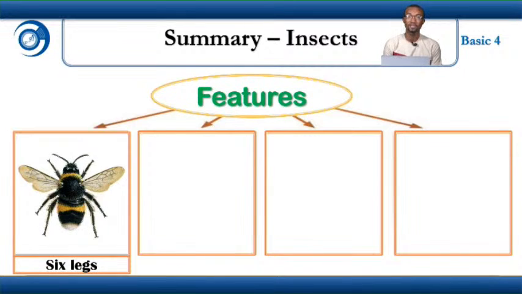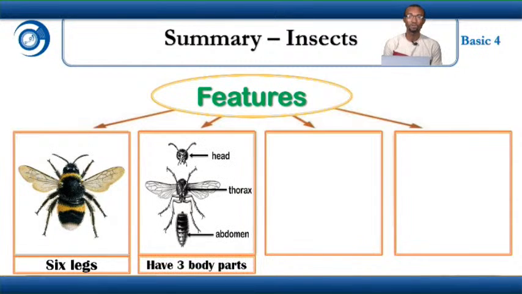We counted some of the legs of the insects in the lesson, and we saw that insects have 6 legs. We also said insects have 3 body parts: the head, the thorax, and the abdomen.